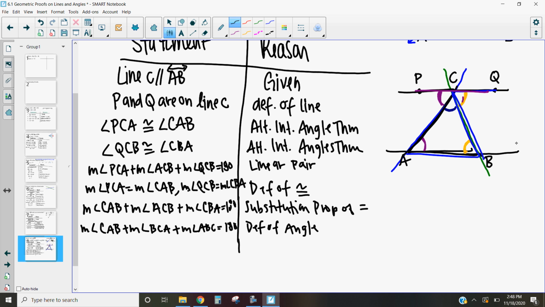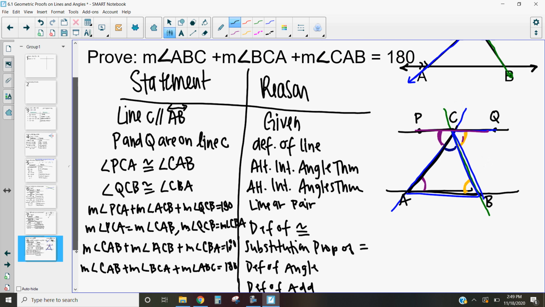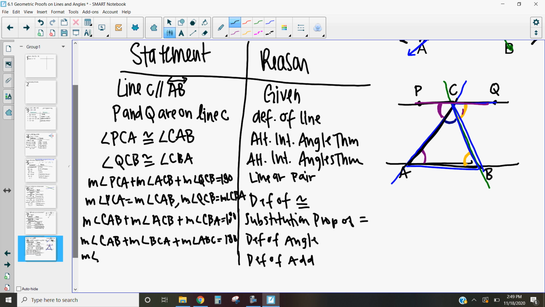Therefore, based on the definition of addition, we have exactly what we have up there, that the measure of angle ABC plus the measure of angle BCA plus the measure of angle CAB equals 180 degrees.